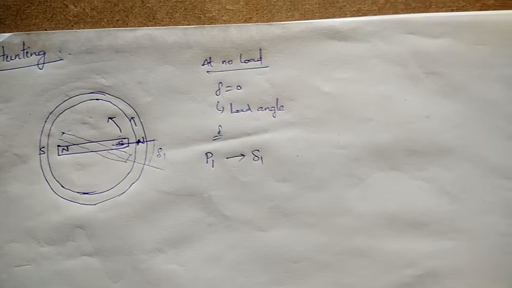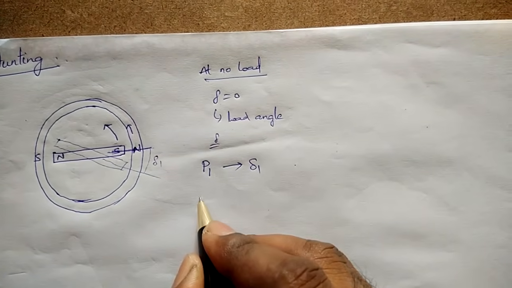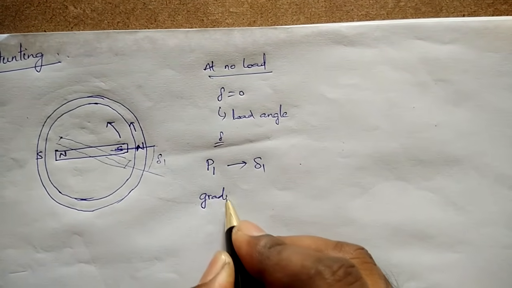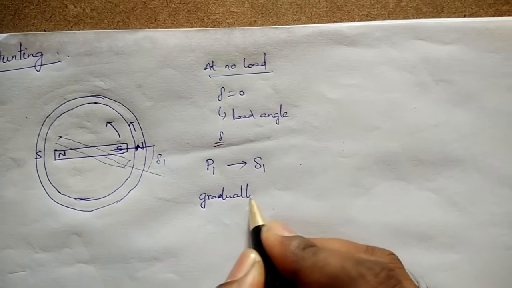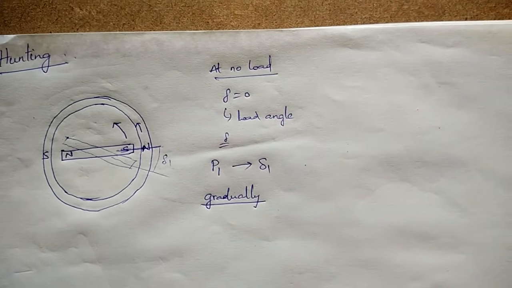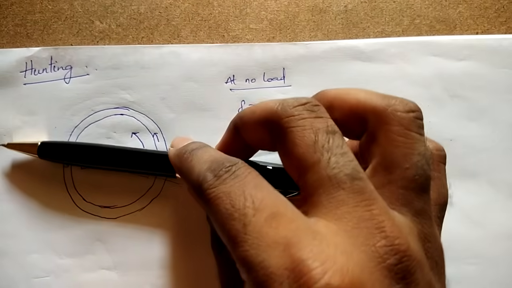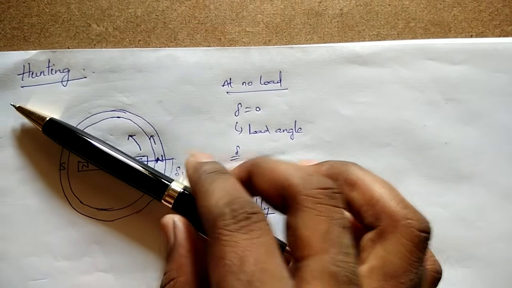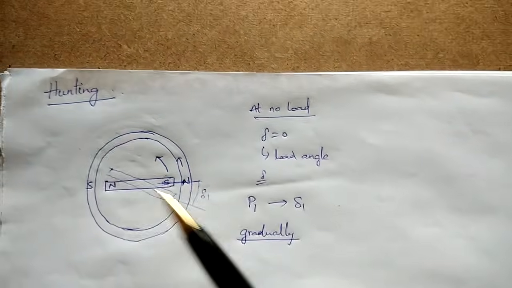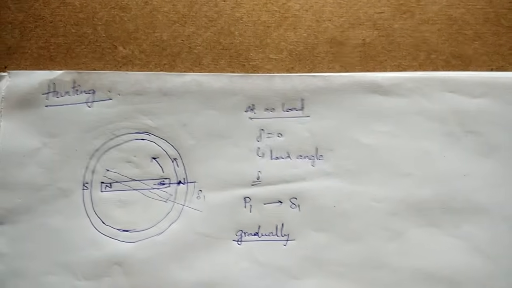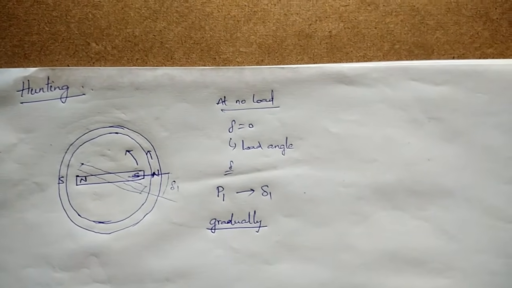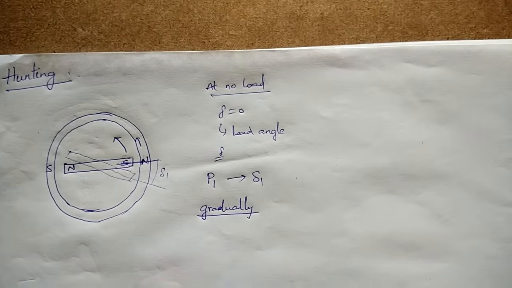That is the case when you increase the load gradually. This is very important: gradually. When you increase the load gradually, it will move slowly, and both the stator field and rotor will maintain delta 1 and rotate at synchronous speed.